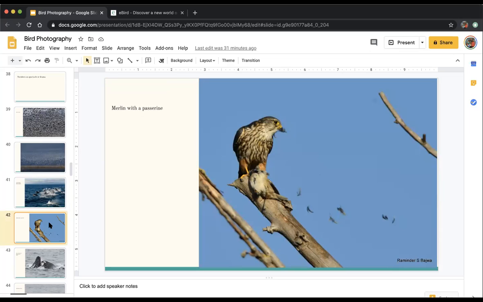Then there is hunting, or around food. So this is a merlin, one of the falcons, and they hunt on the wing. Peregrine falcons and merlins catch other birds in flight.